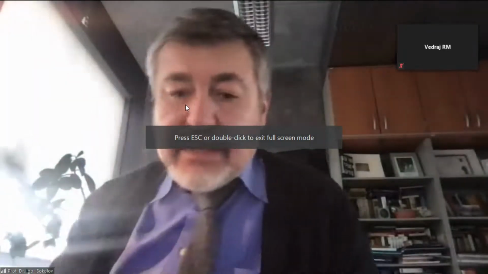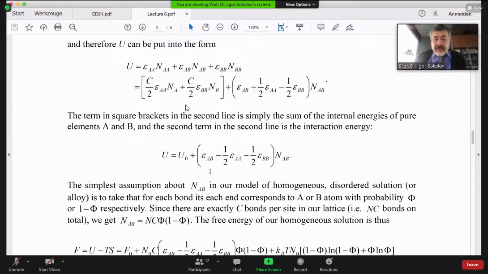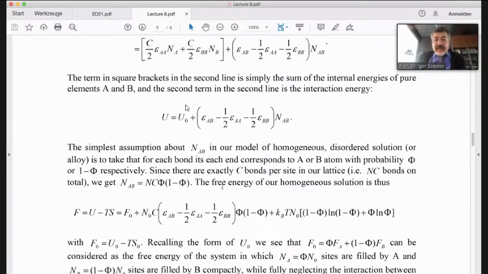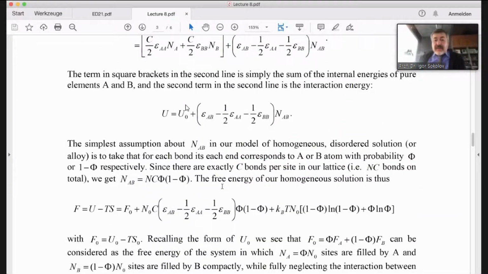So now let's go into the question, what happens if they are mixed? Now, if they are mixed, I can say that at one end of the bond, I have one atom, at another end of the bond, I have another.